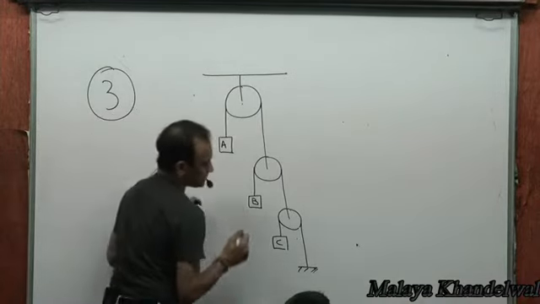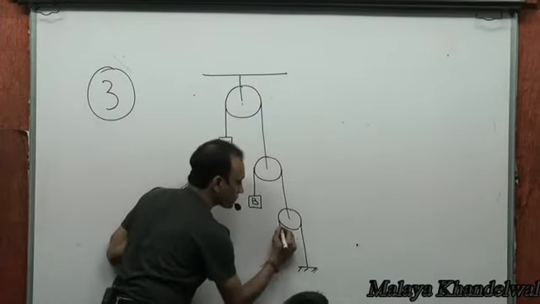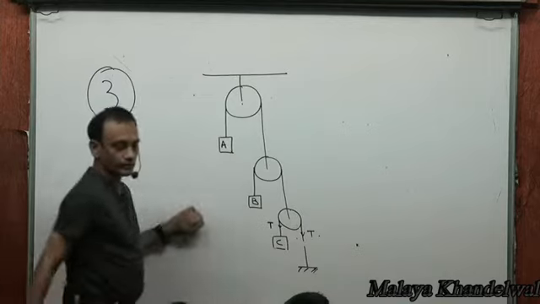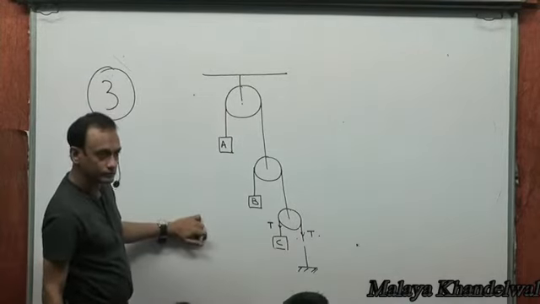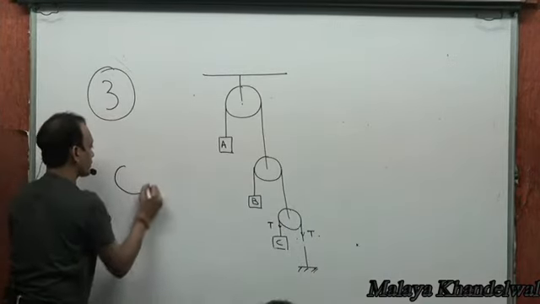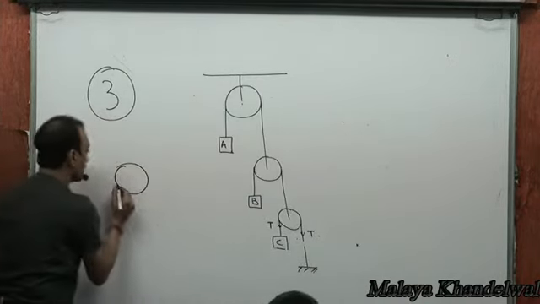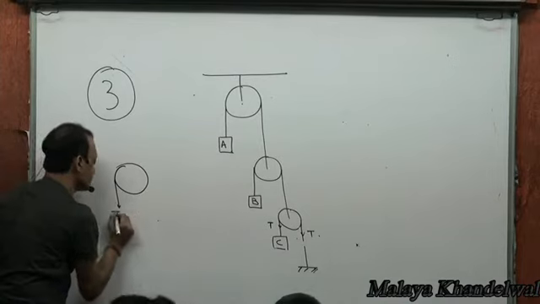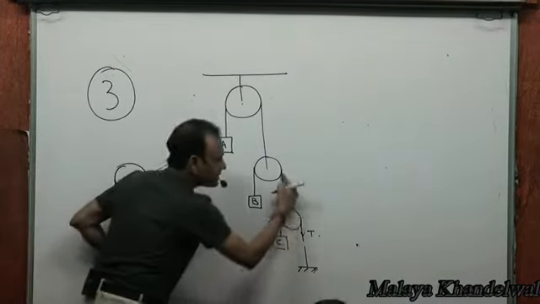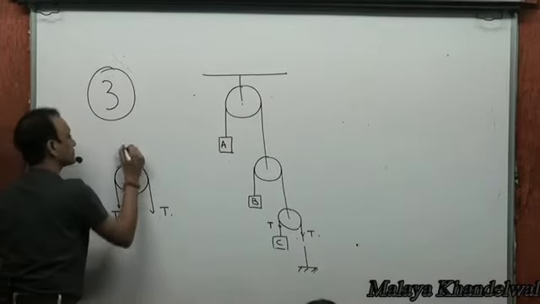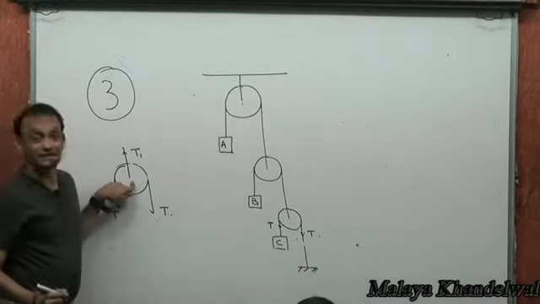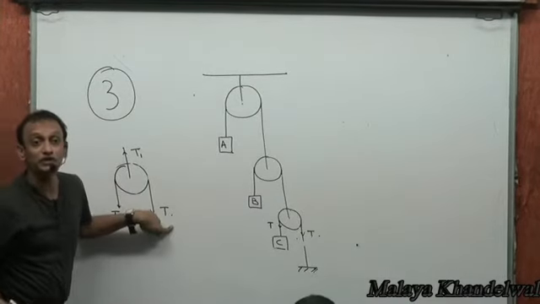First things first, suppose the tension in this string is T, right? Now if you look at the free body diagram of this pulley, just this pulley, then it's going to be T like this, T like this, and if T1 is the tension here, then if this pulley is light, then T1 is approximately 2T.